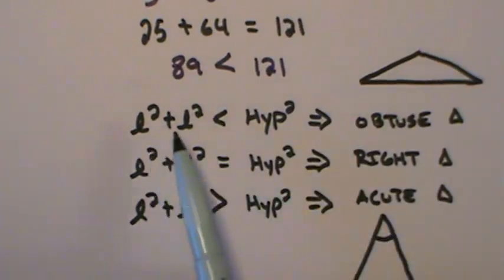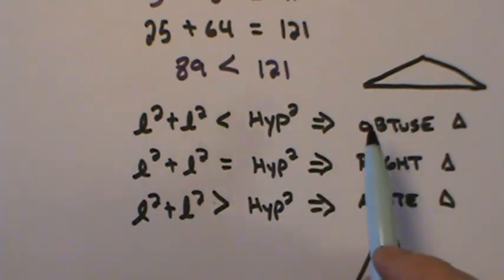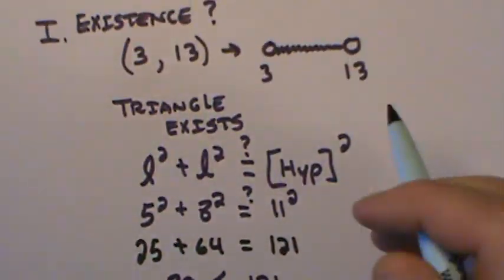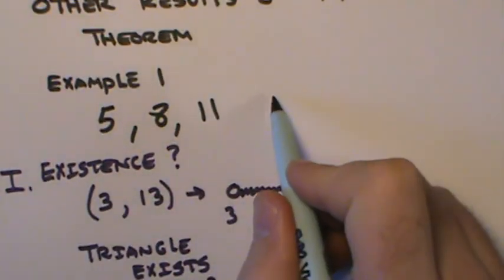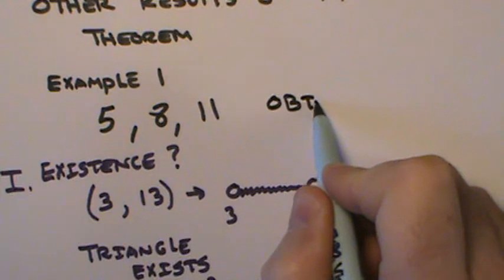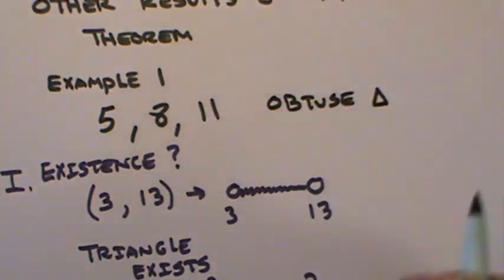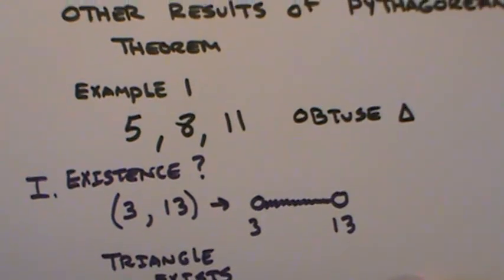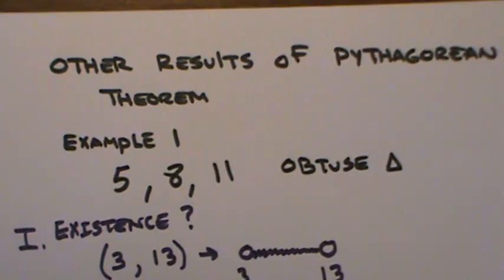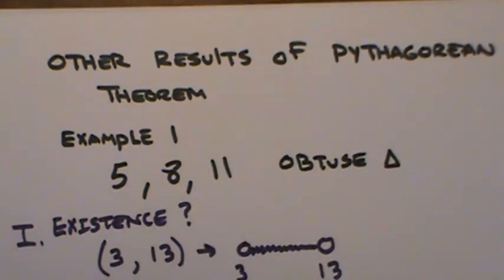With the legs being less than the hypotenuse, it told me that I had an obtuse triangle. So I could classify this as an obtuse triangle. Simple as that. And that's our first example of the other results using the Pythagorean theorem.